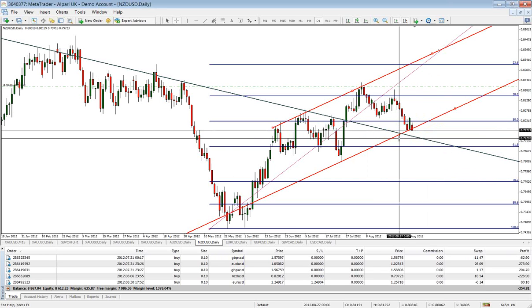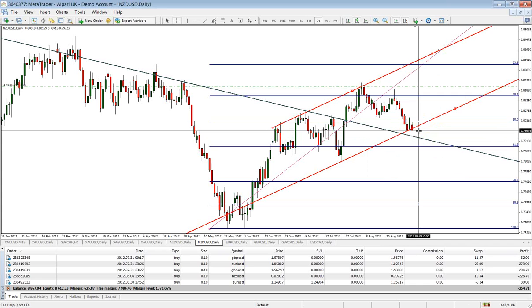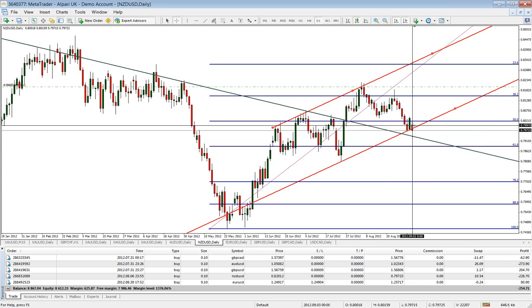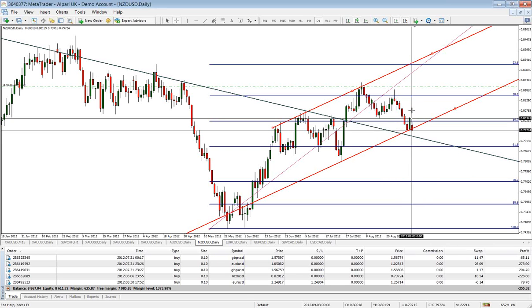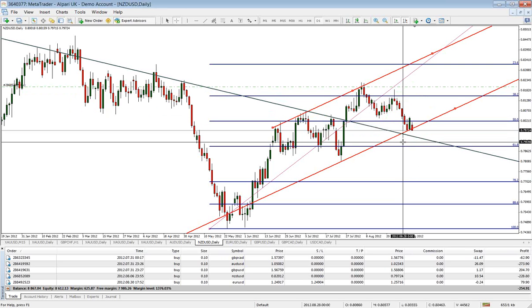So this point also is a psychological level. It's basically very close to 0.8. If we look at the weekly chart, we're still above 0.8. So this is a psychological level as well as a technical level. And so far I did not see the confirmation of the breakout on the downside.